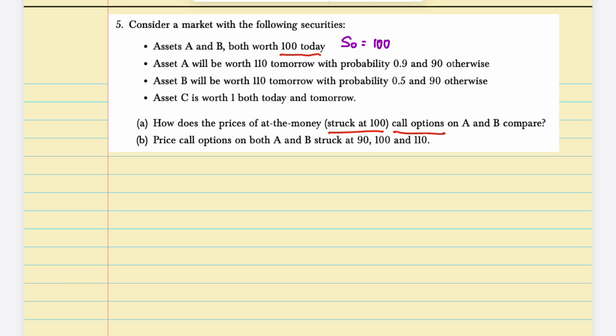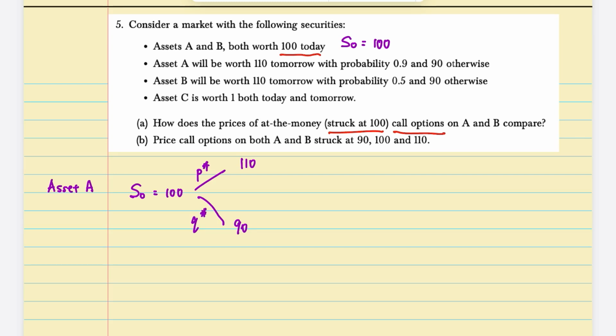Then asset A will be worth 110 tomorrow with probability of 0.9 and 90 otherwise. So for asset A, today's price is $100, and there is a probability for it to go up and a probability for it to go down.